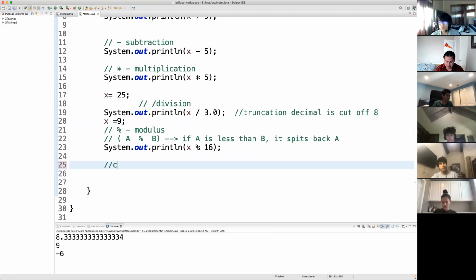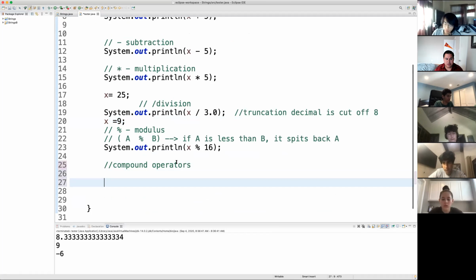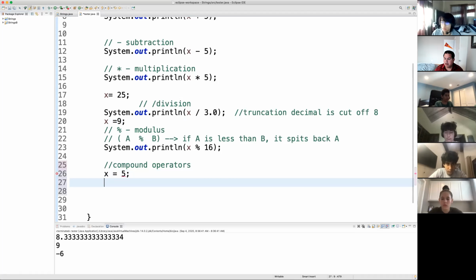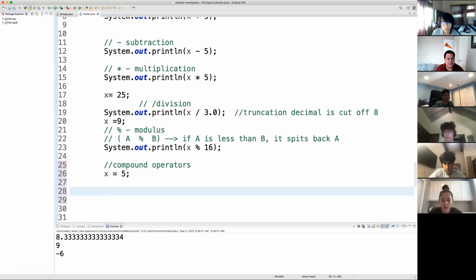It didn't change. With compound operators, and you will remember what these are, I'm going to just set x equal to 5 here. You will use these often, and compound operators actually change the value. So most of you will remember this. X equals X plus 5. Do you remember that from last year?